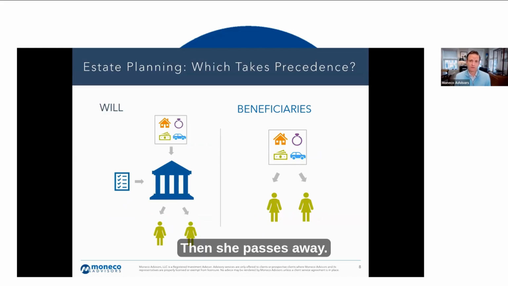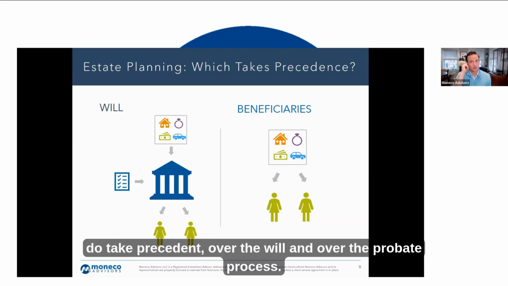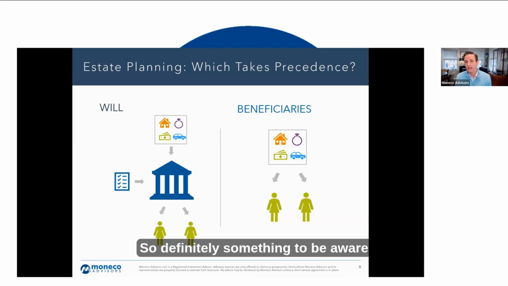Then she passes away. In the will, the client's done a great job, has updated her will to say her 2 kids get it. However, never updated the 401k beneficiary from the old 401k 3 jobs ago. So that still says the husband, or the ex-husband. Who gets the money? The answer? The ex-husband, right? So there's an issue there with beneficiaries: they do take precedent over the will and over the probate process. So definitely something to be aware of.